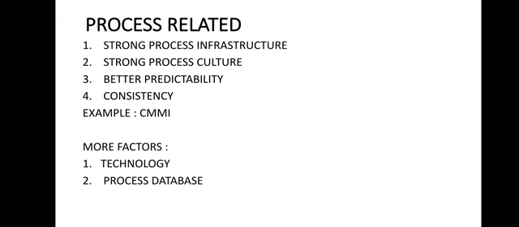There are some types of models that are used for this. One example we have written here, that is CMMI models. More factors we can include in process related. These are technology and process database. So what is the meaning of it?